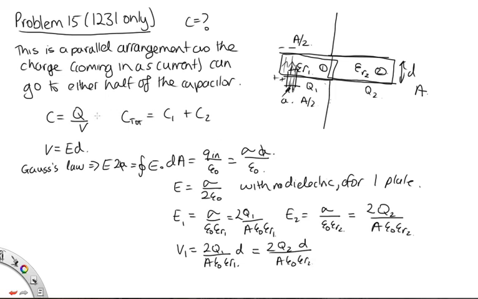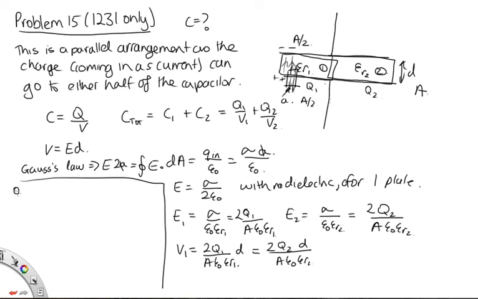Okay, so substituting this one into here, we end up with Q1 on V1 plus Q2 on V2. We're running out of space a little bit, but let's substitute this V1 and this V2 into this formula here. Let's make some space here to do this. So now we're substituting in to Q1 on V1.